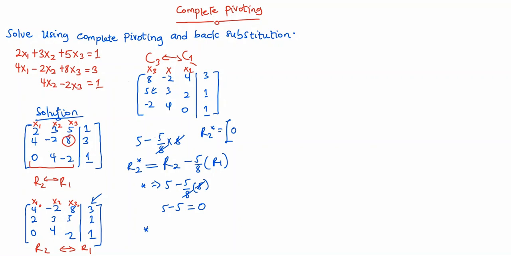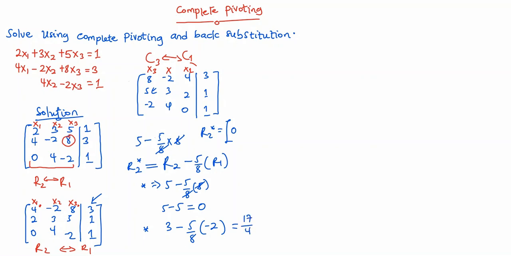Alright, so now let's do it for the remaining entries on that particular row. We are going to have 3 minus 5 on 8 multiplying minus 2. Let's simplify that and see what you're going to get. You have 3 minus 5 on 8 multiplying minus 2, and that will give us a value of 17 on 4.